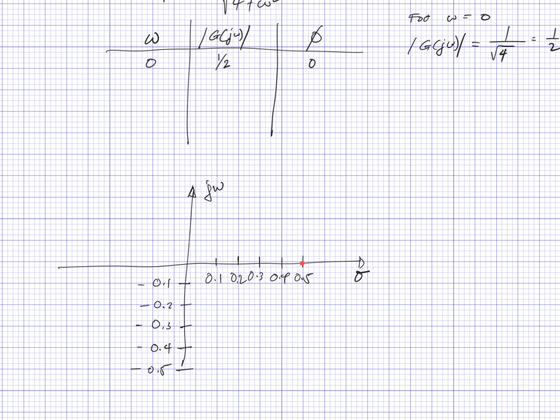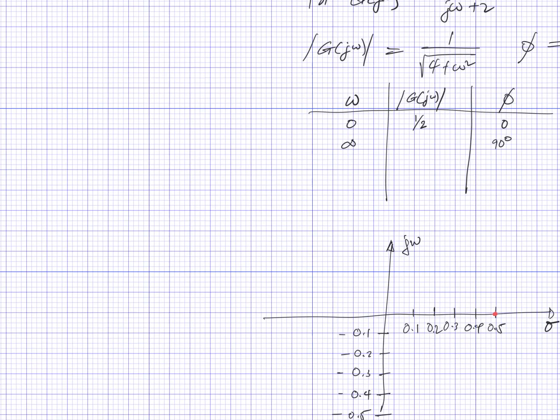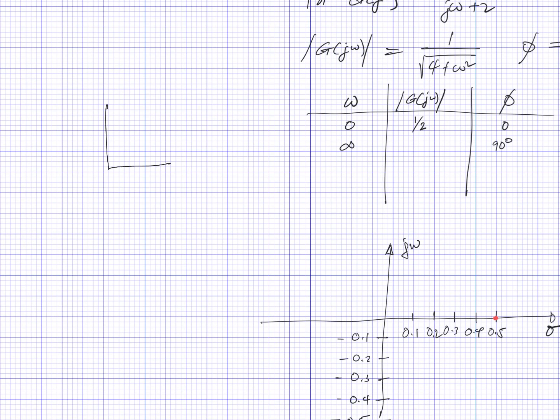Okay, so now let's continue, and we'll calculate for angle of infinity. We know that for angle of infinity, the angle is 90 degrees. And we also saw this in the Bode plot. Let me write down here. This is the phase.